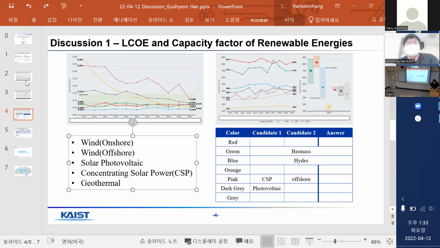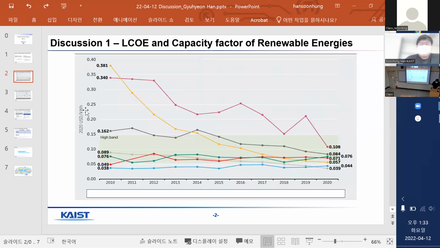Oh, hidden again. So as time has passed, it has become more advanced compared to the technology in 2010. It used to be the highest, but now it's still... I'm indecisive about the yellow one.